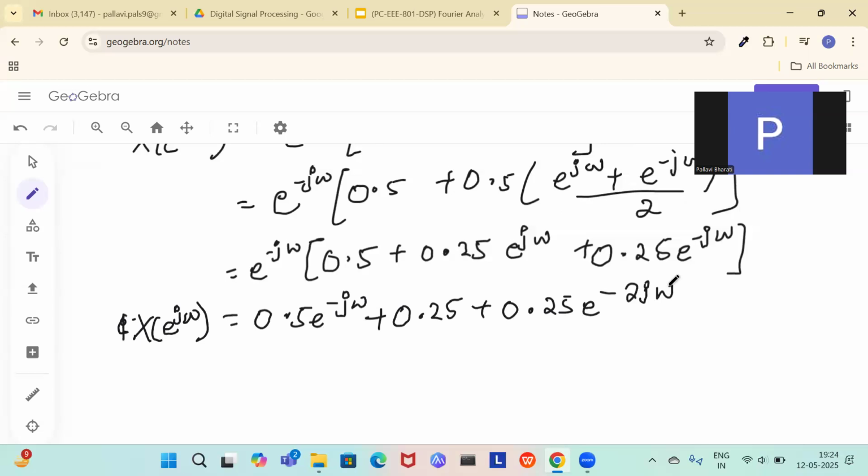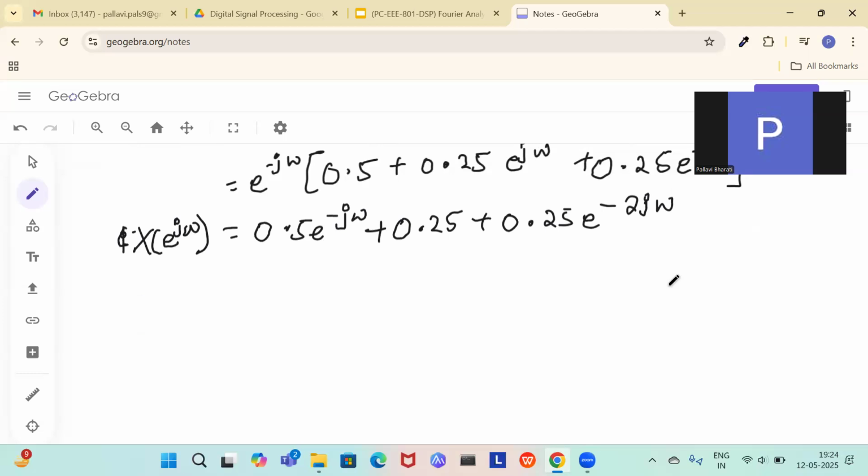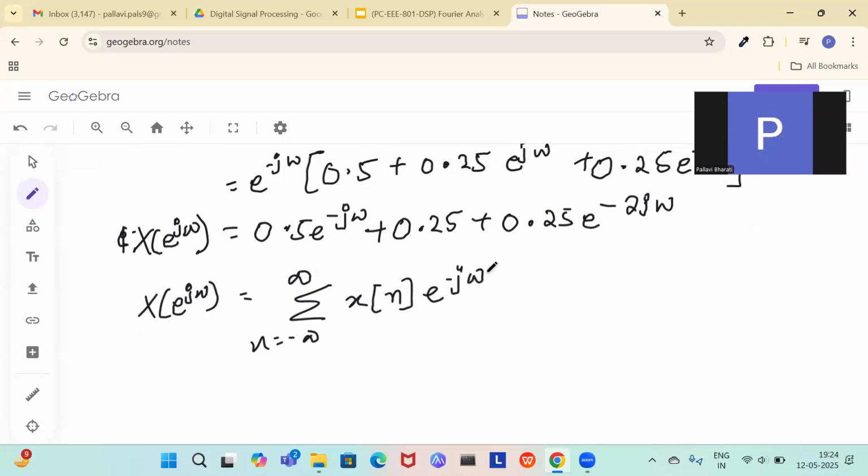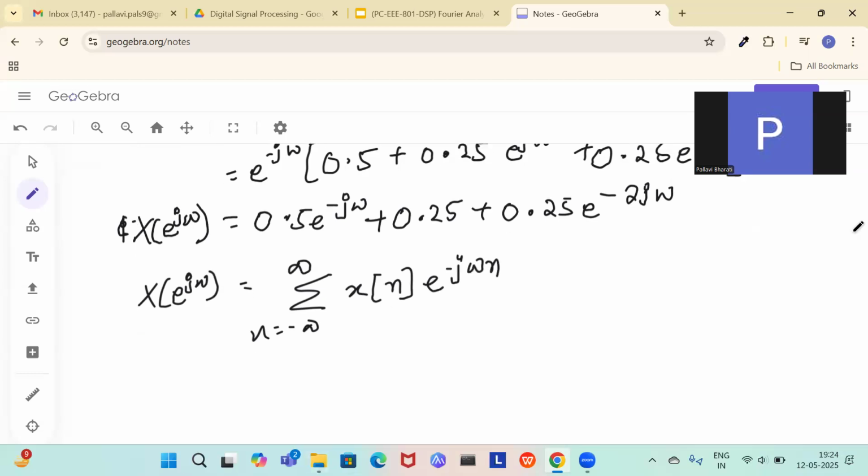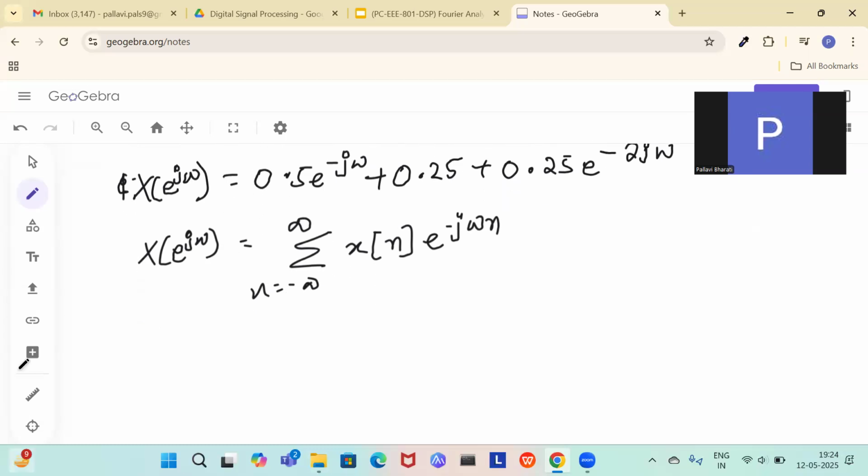Now compare it with the formula of x of e to the power j omega, which is given as the sum from n equals minus infinity to infinity of x of n e to the power of minus j omega n. If you solve some questions, you will understand that this can be written in this form.